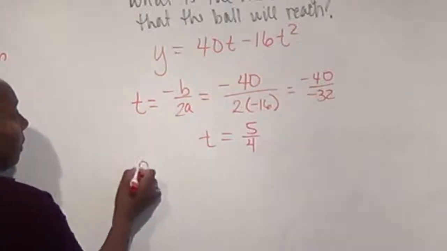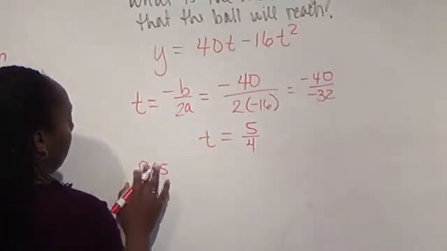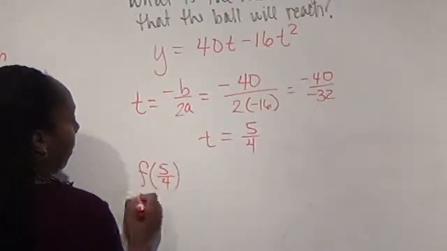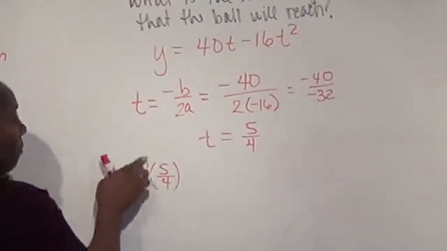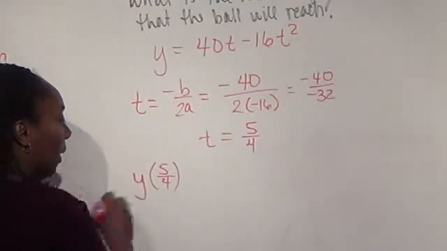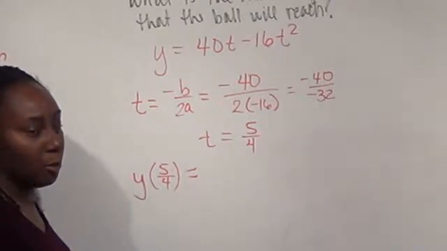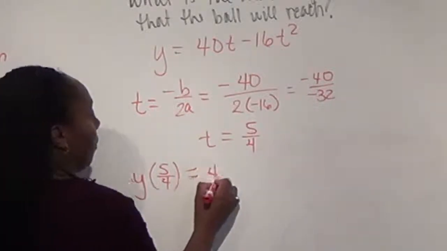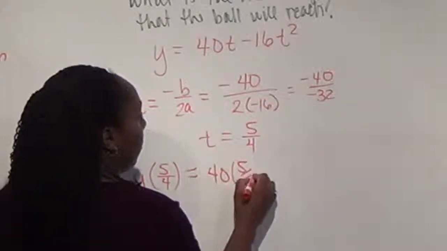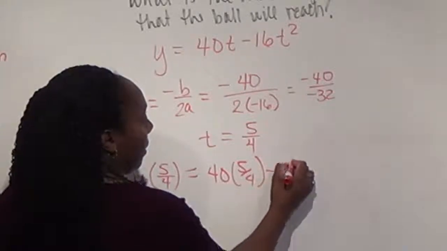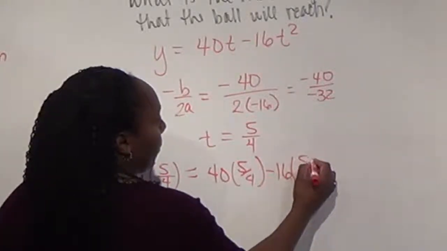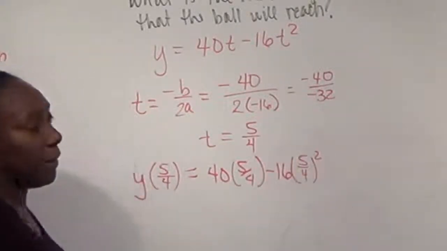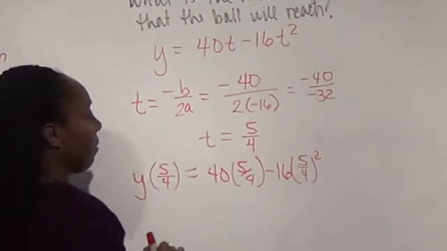So here, I'm going to need to find f of 5 over 4. In other words, I'm going to plug this into y and determine what the value is going to be. So 40 times 5 over 4 minus 16 times 5 over 4 squared. We want to simplify that down, and that's going to give us our maximum height.